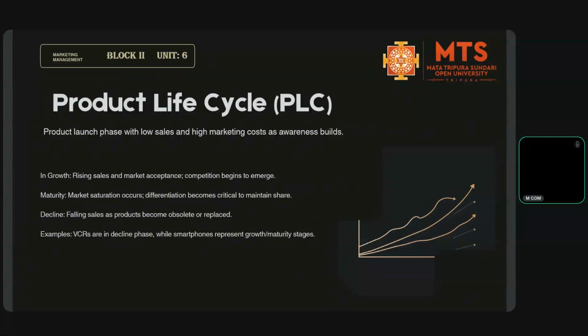That is the third stage of product life cycle, where sales fall as a product becomes obsolete or replaced. Like, we are now not seeing the feature phones, keypad phones. Why are we not seeing those feature phones? Because nowadays all individuals use smartphones, that is advanced phones or digital phones, so their market value or usefulness has declined or reduced.